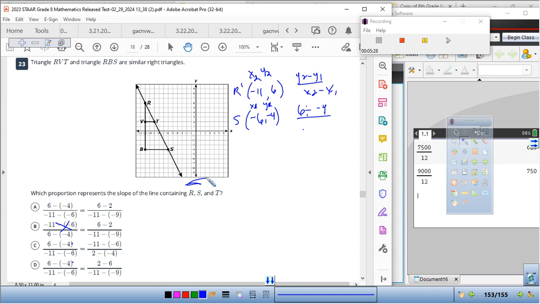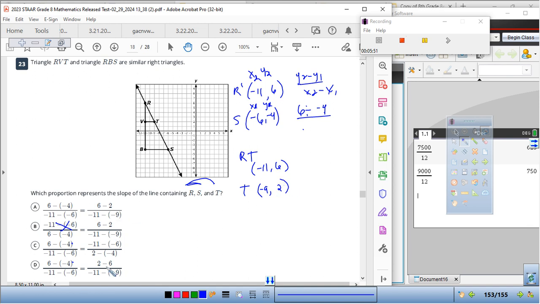So now it's going to be R and T. Okay, so here they're going to say R and T. R, again, is negative 11 and 6, and T will be negative 9 and 2. I don't even know which to switch.